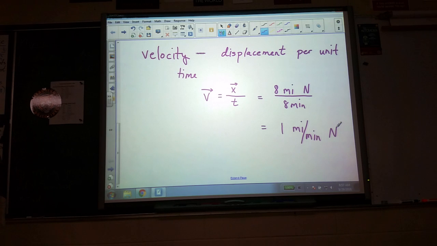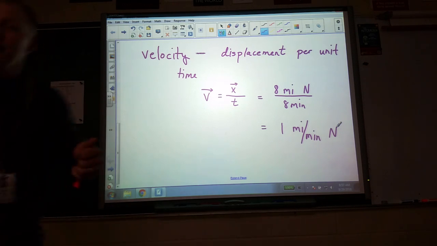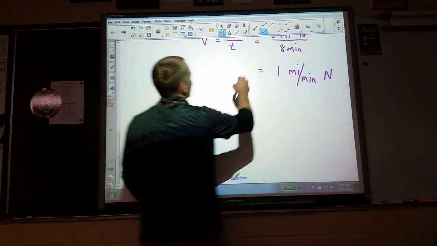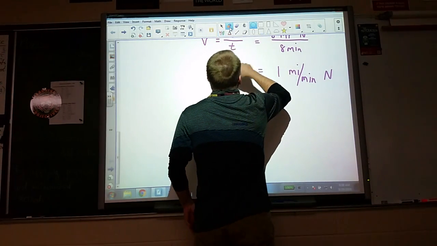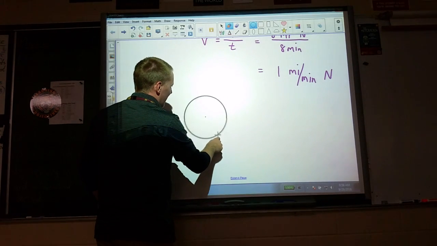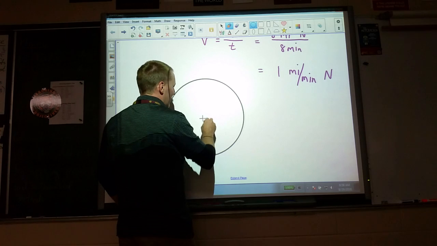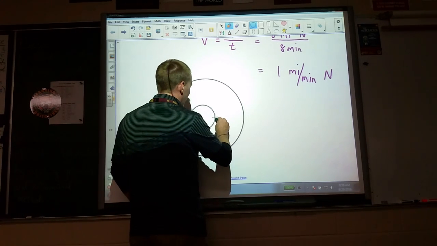What about the velocity? Would you do the number of times you go around the circle over the time? Let's see. If I can draw a circle up here, let's pretend that's the circle.